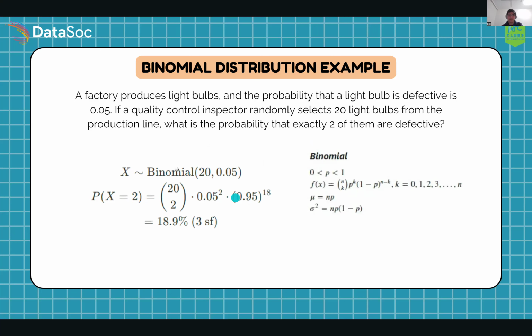And this would result in the probability of exactly 2 of them being defective as 18.9%, rounded to 3 significant figures.